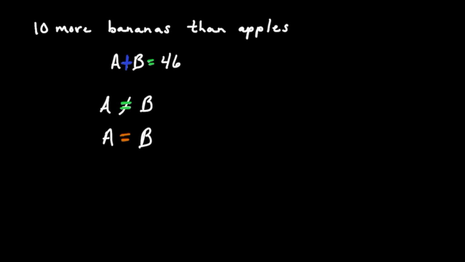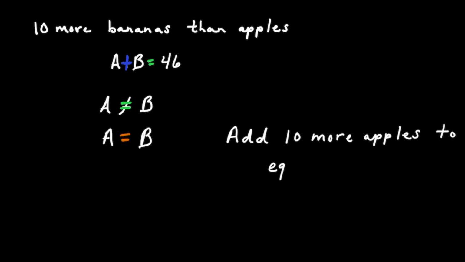So the way we have to look at this, if there's 10 more bananas than apples, it means how many do we have to add to apples to equal the same amount of bananas? And so we'd have to add 10 more to apples to equal the number of bananas. And so that's how we figure out which side the 10 is supposed to go on. So therefore we have 10 plus A, and it does in fact equal B at this point.